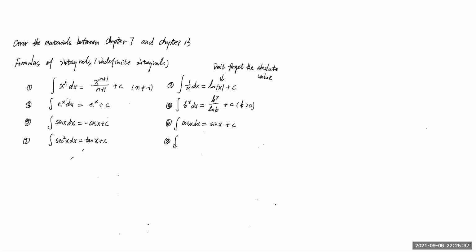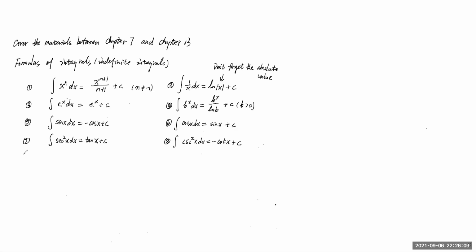Eight, cosecant squared x dx is negative cotangent x plus c. If you already forget the trigonometric functions, please check the textbook, or what you studied last semester. It's very important. Okay.